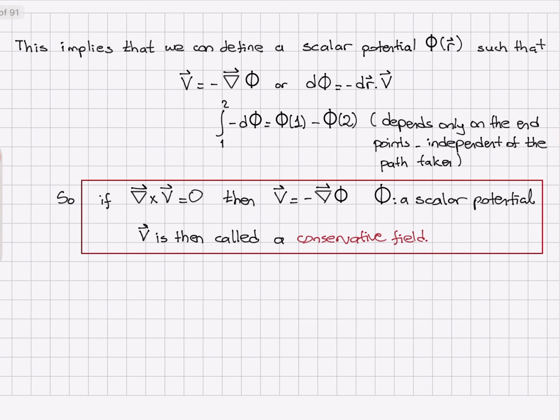It only depends on the endpoints, which means we can define a scalar potential such that the vector field V is minus gradient of phi, or d phi is equal to minus dr dot V, and the path integral from point 1 to point 2 of minus d phi is going to be minus phi 2 minus phi 1, which is phi 1 minus phi 2. So it only depends on the endpoints. So if curl of a vector field is 0, it can be written as minus the gradient of a scalar potential, and that vector field is called a conservative field.